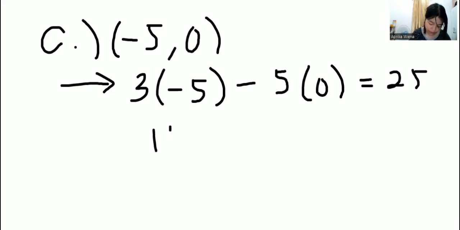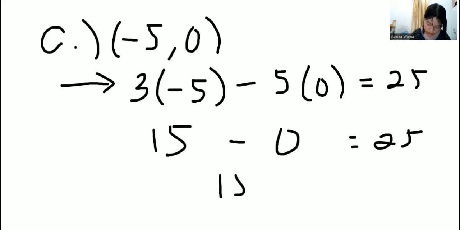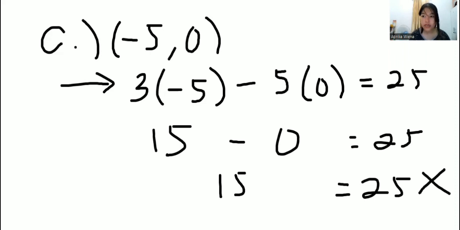So it's minus 15 minus 0, which is minus 15, and it is not 25. So in this case, as you can see, it doesn't satisfy the equation. So this point does not lie on the line from the beginning. So we mark this as a no.